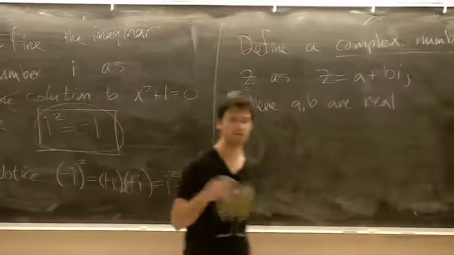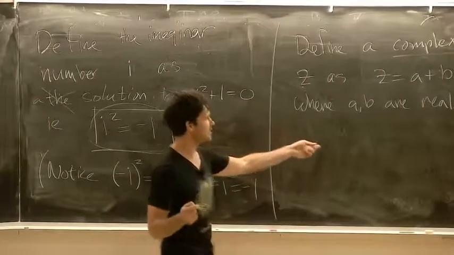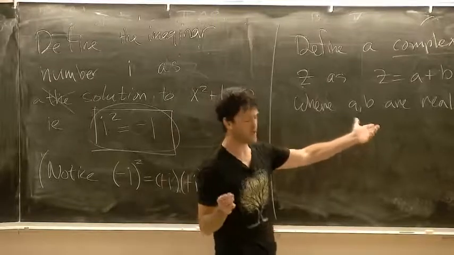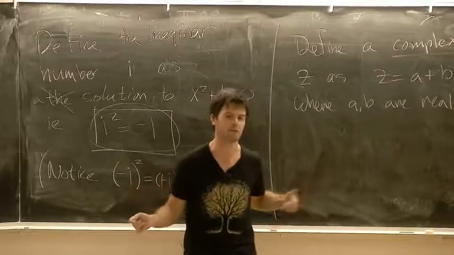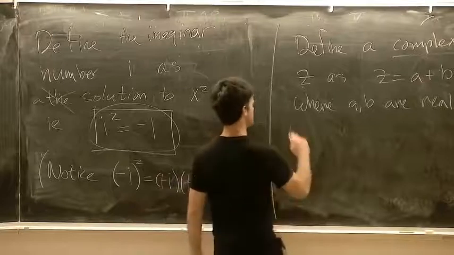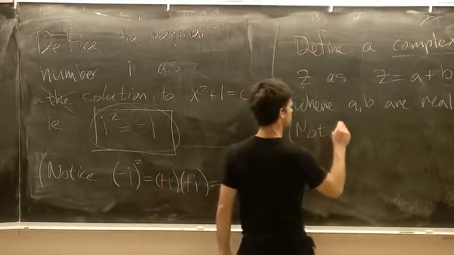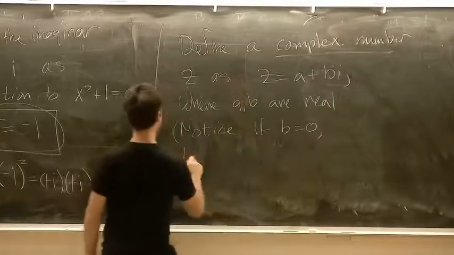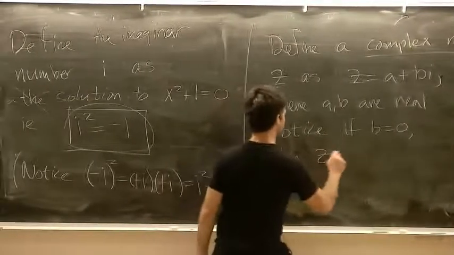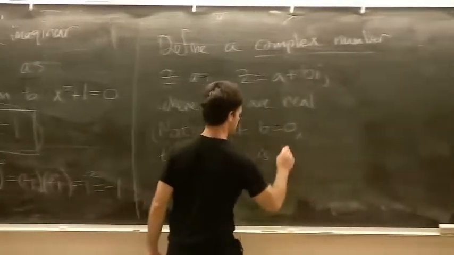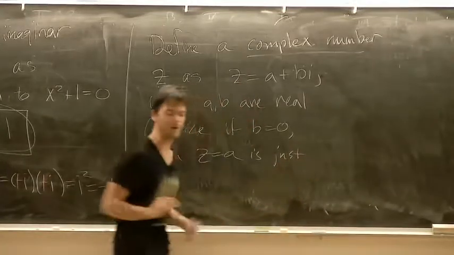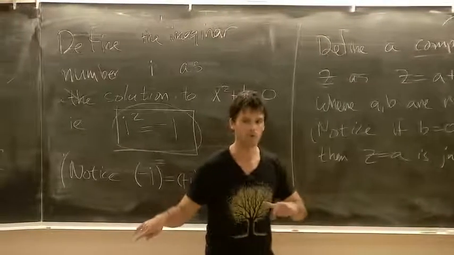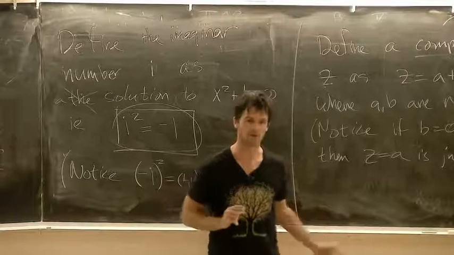So in fact, a and b can both be 0, or one of them can be 0. Notice that if b is 0, then z equals a is just a real number. So my point is, all the real numbers are also complex numbers.